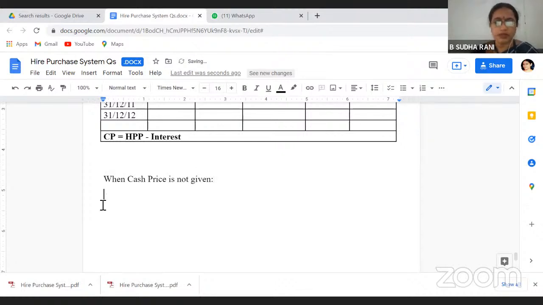Here, down payment how much? 10,000. Number of installments, 4. Each installment, how much? 10,000 again.